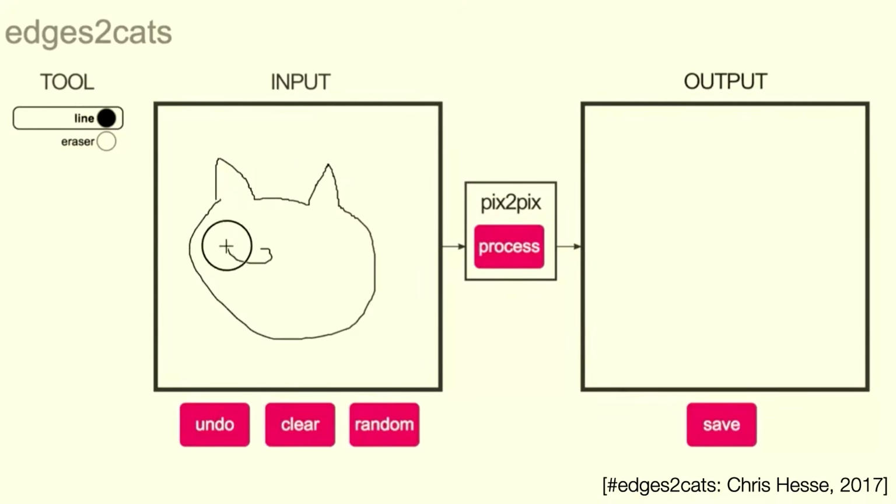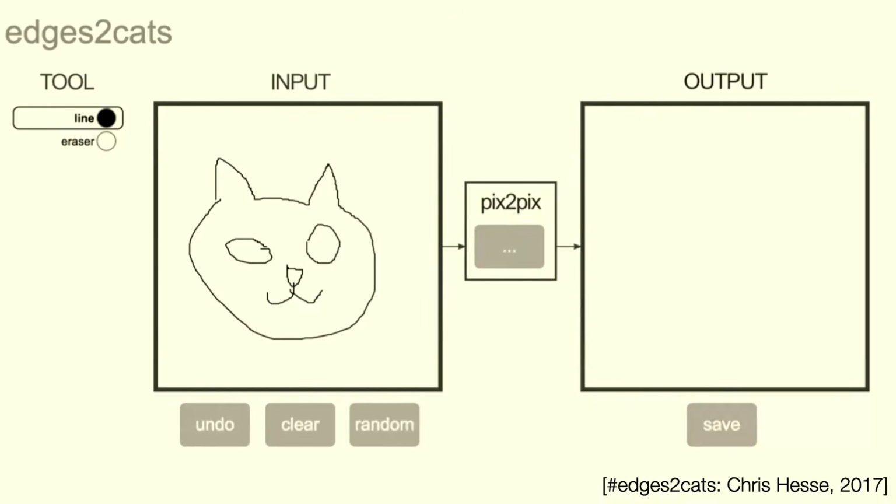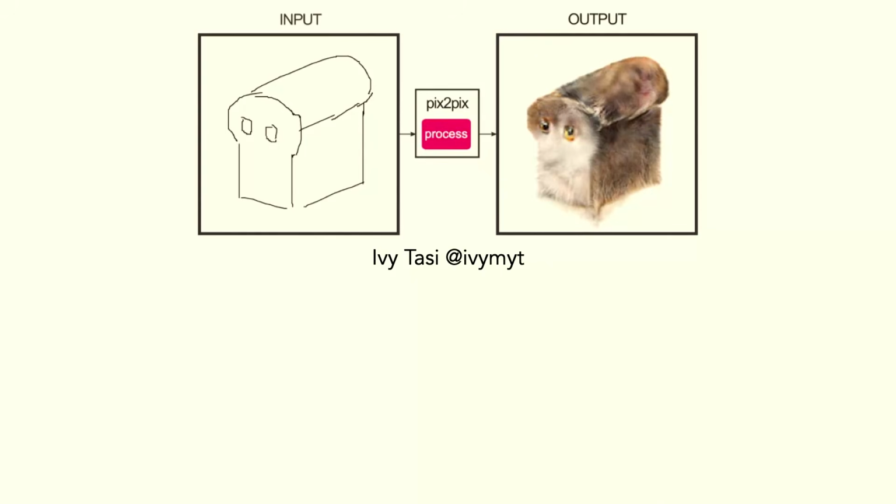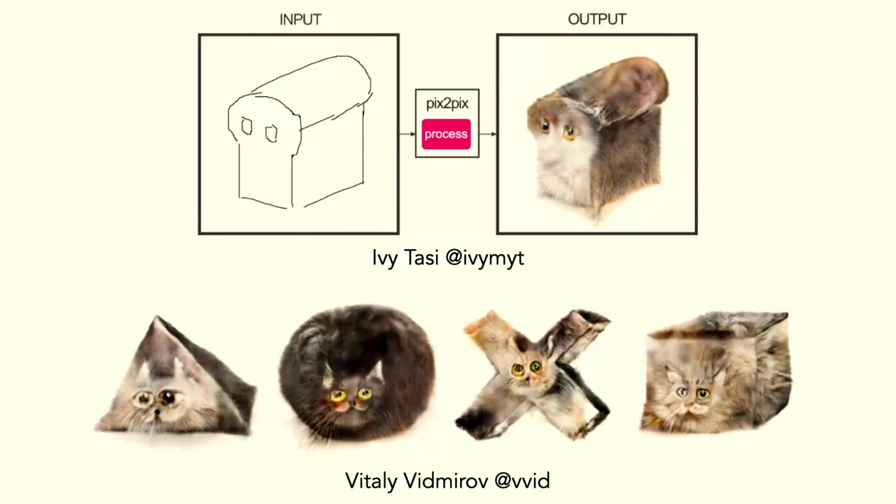In the prehistory of deep learning, this was the popular thing of the day. Now, of course, we've seen much more exciting things. But I sketch a cat, it doesn't look anything like an edge map, and it just works. It's still cool even today. People had a lot of fun. This is generalization.